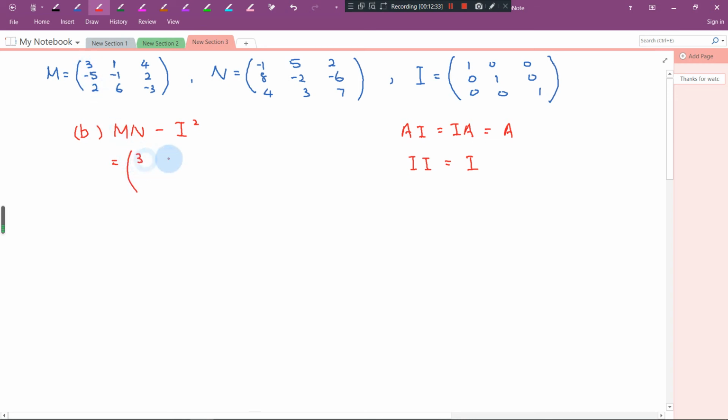So for this part, we just copy this one. M is 3, 1, 4, negative 5, negative 1, 2, 2, 6, negative 3. Okay. And N is negative 1, 5, 2, 8, negative 2, negative 6, 4, 3, 7.